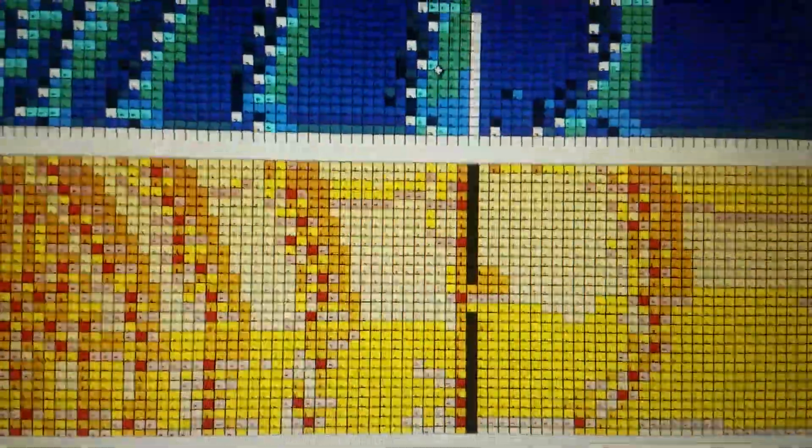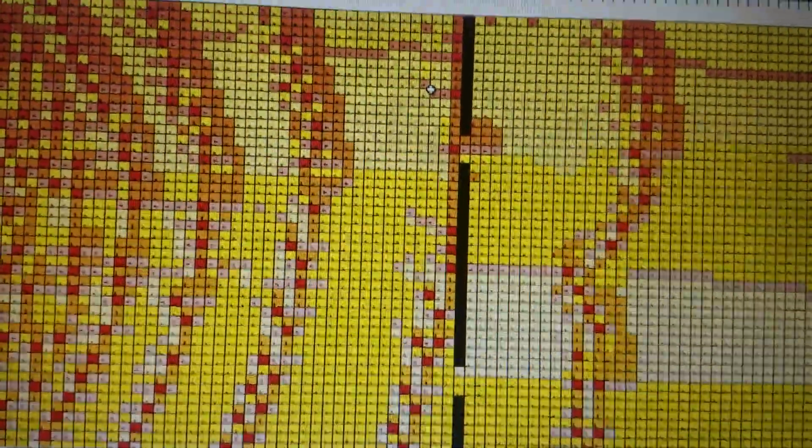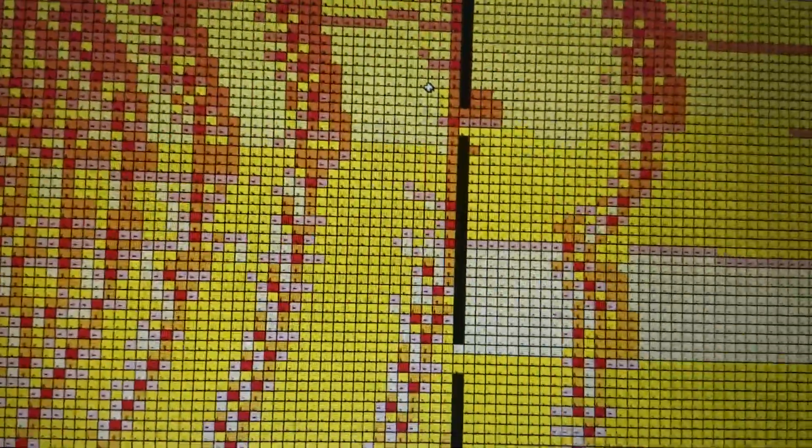This is a change function here. So red is high positive change, and blue is high negative change. Black is low change. So the only way I'm able to create this particular automaton is to stack about 10 different layers of data.